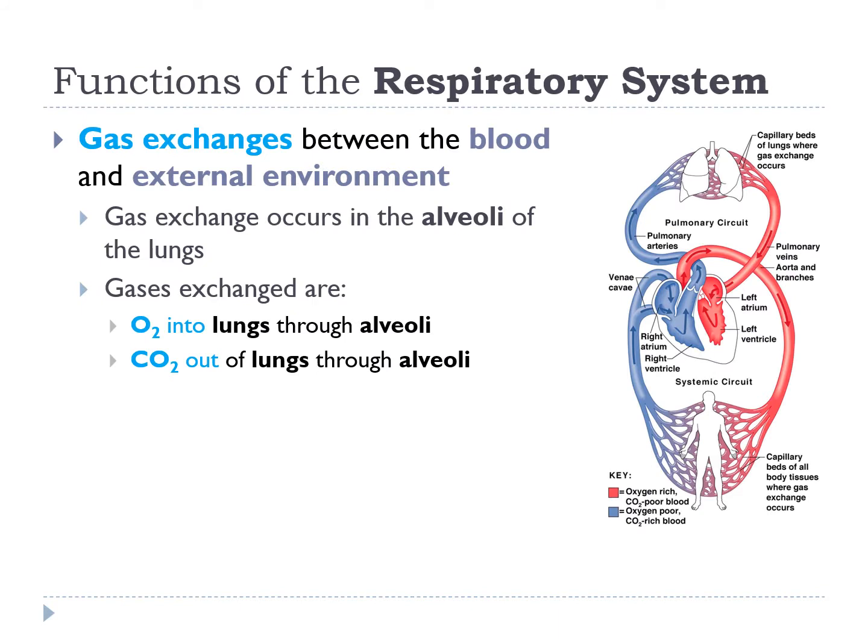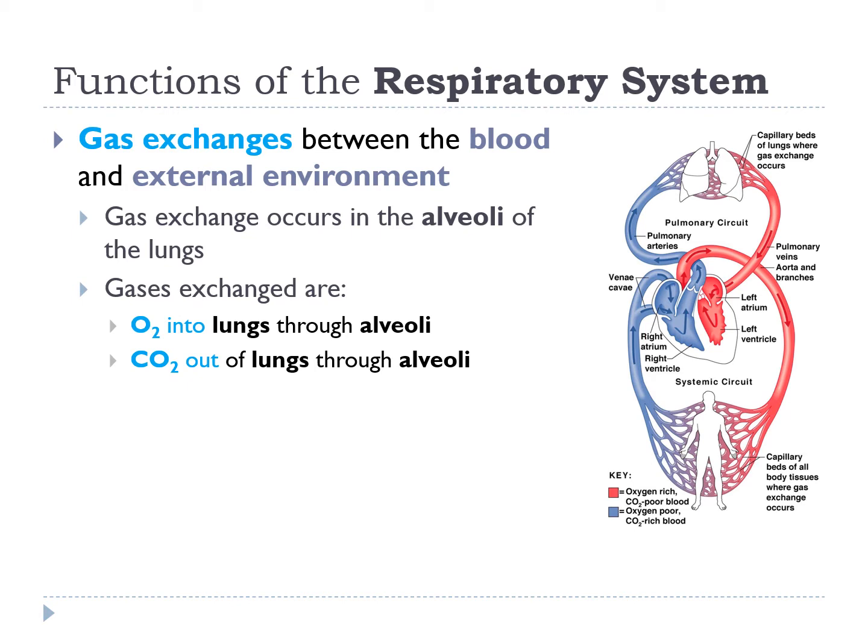So what is the respiratory system? It's the gas exchange between blood and the external environment. And of course, by external environment, we mean the air that you breathe. Gas exchange actually occurs in the alveoli of the lungs, which we'll discuss in more detail later, but they're microscopic sacs or bubbles of air that are packed in tightly with the capillaries in the lung, where the gas exchange actually occurs across the alveoli and the capillary.